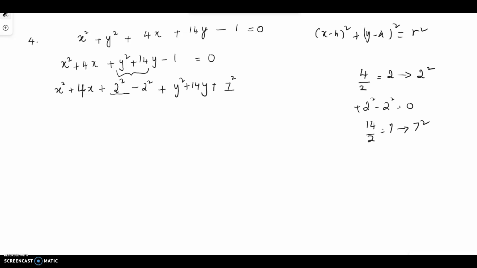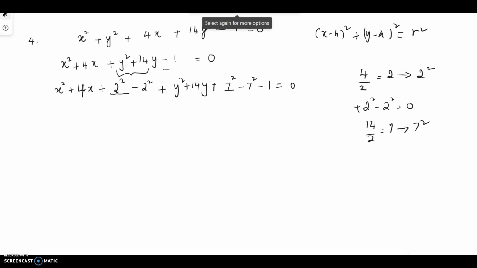So 7 squared is what is needed to make it a perfect square. But we can't just add a number, we're going to change the equation completely. So when we add a number, we subtract the exact same number, so the equation doesn't change. And then there's the minus 1 equals 0.